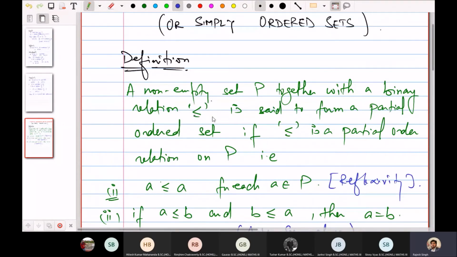So a set will be called a partial ordered set if the relation on it is a partial order relation. Is it fine?